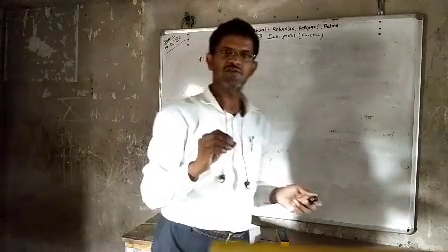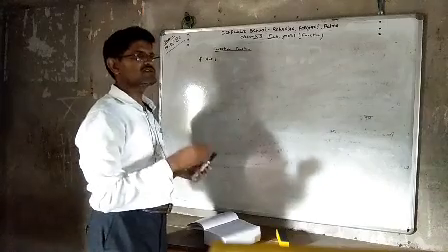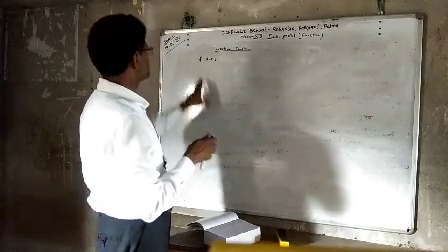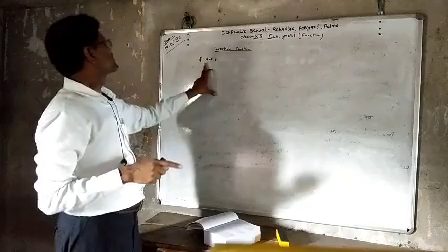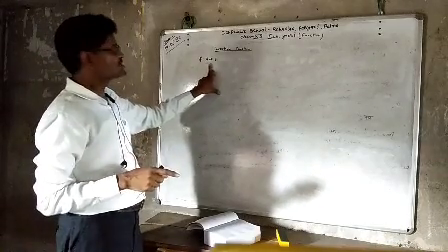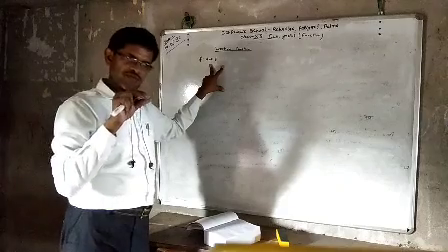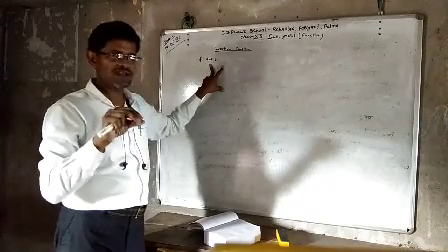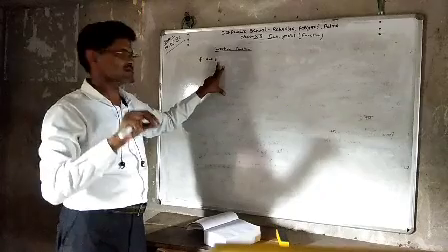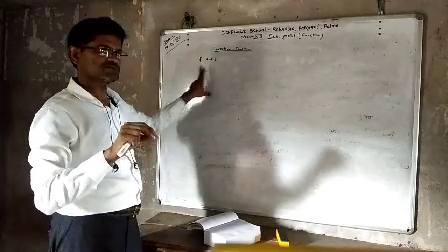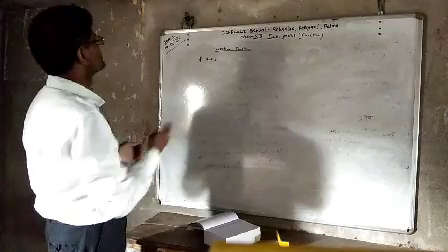The condition of the invertible function is that the function is one-one and onto. When the function is one-one and onto, then an inverse function of the given function can exist. It is the condition of the invertible function.